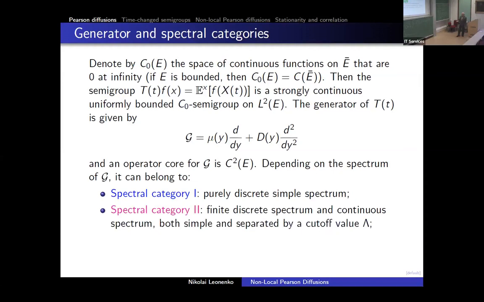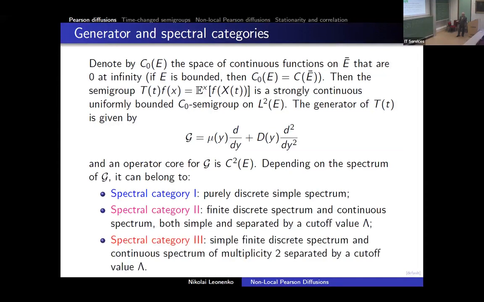However, it's also possible there is a spectral category 2, which is a finite discrete spectrum and an essential part of the spectrum, and they are both separated by a cutoff lambda. And also we have spectral category 3, which is a finite discrete spectrum and an essential part of the spectrum, or in probability terms, a continuous spectrum of multiplicity 2, separated by a cutoff value lambda.